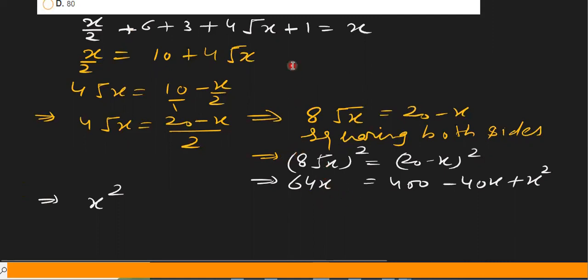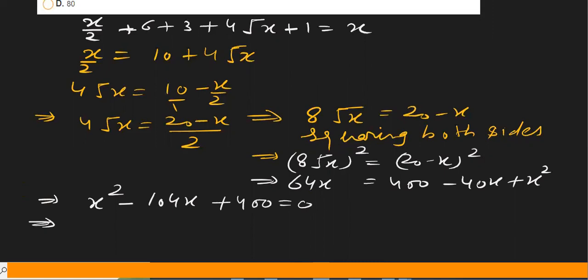So finally it becomes x square minus 64 plus 40, that is 104x plus 400 is equal to 0. Now we can factorize it by splitting the middle term.